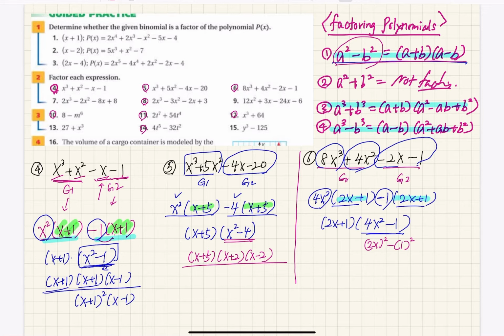You can factor more by using that. So 2x plus 1 times 2x minus 1. Yeah, you have to keep this factor in the front. So that one is the answer. Or you can put 2x plus 1 squared times 2x minus 1. Yes. All right, let's try number 10.